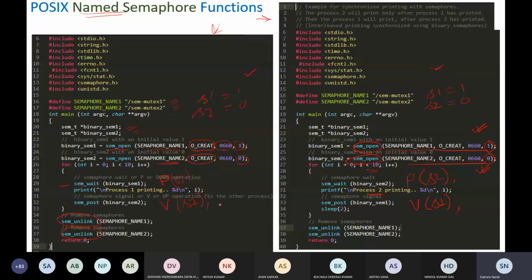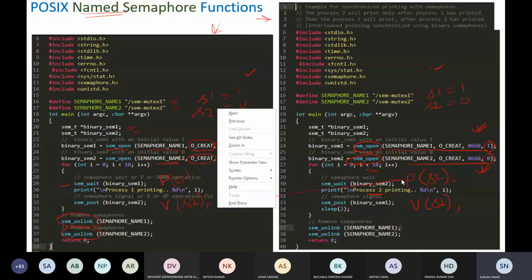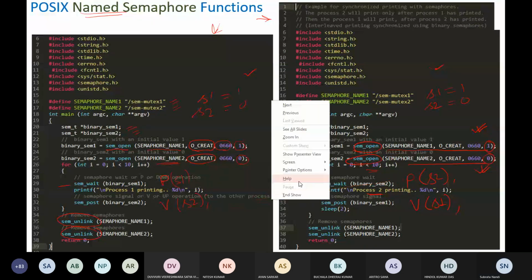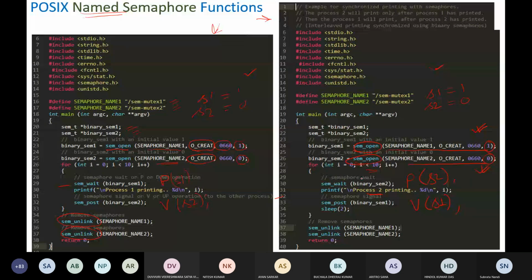So V of s2 signals to this process, and V of s1 signals to this process. Then it unlinks them. So if we execute these two processes simultaneously, what do we expect?